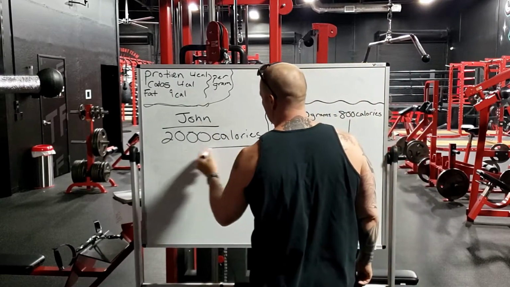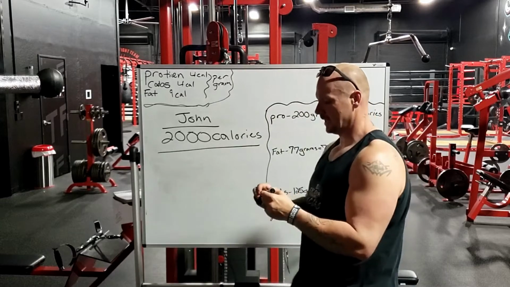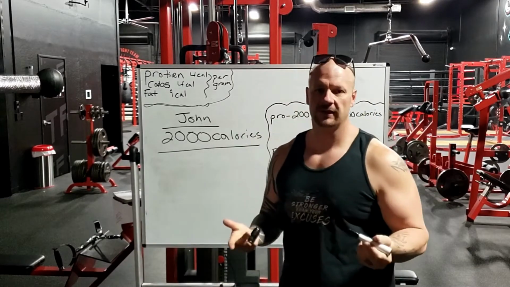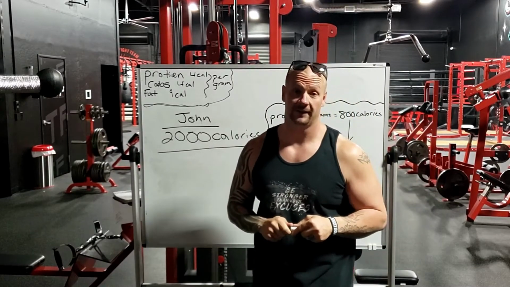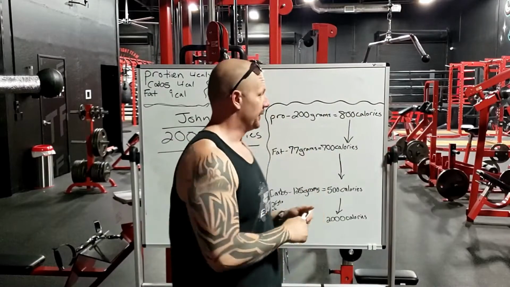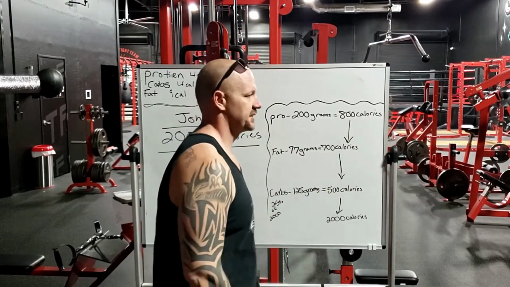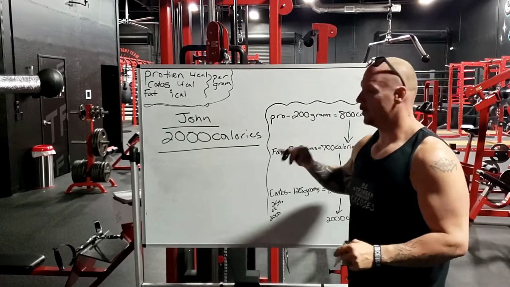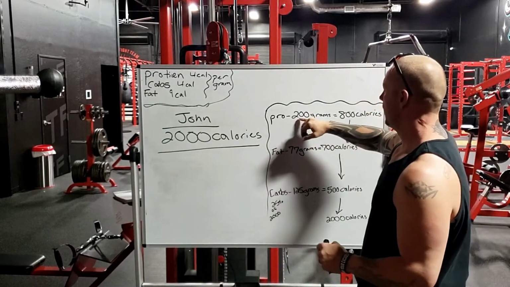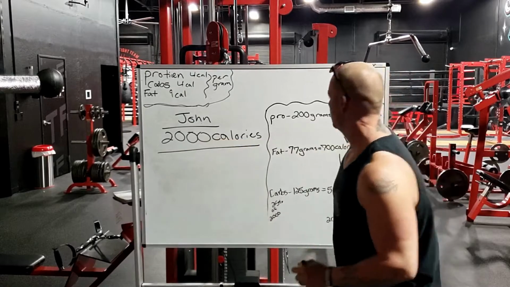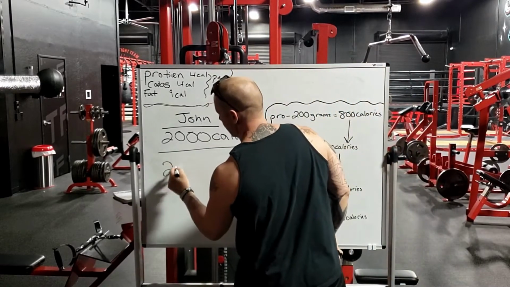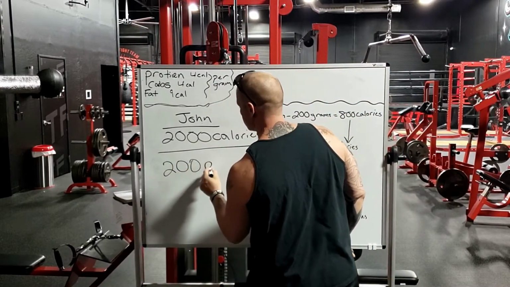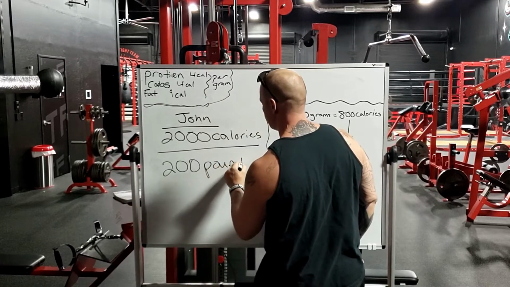John needs 2,000 calories a day to lose weight. So right away, you're going to notice that some percentages changed, okay? First of all, you're going to have 200 grams of protein because Jonathan weighs 200 pounds, okay?